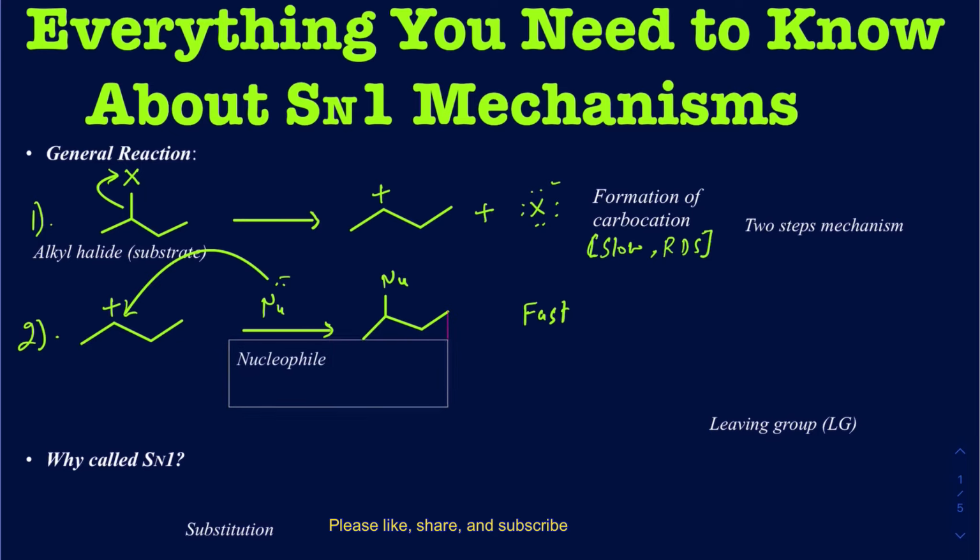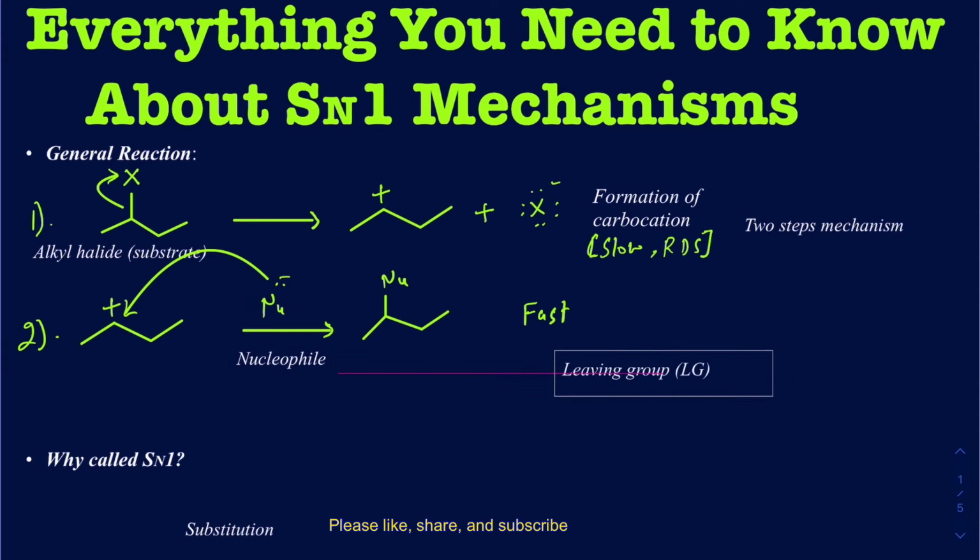And then obviously your leaving group, which we have said is going to be some sort of halogen: chloride, bromide, or iodide for most cases when we're talking about these SN1 reactions. They're not only limited to those; you can also have alcohols and some other good leaving groups. But here we will focus on alkyl halides only.